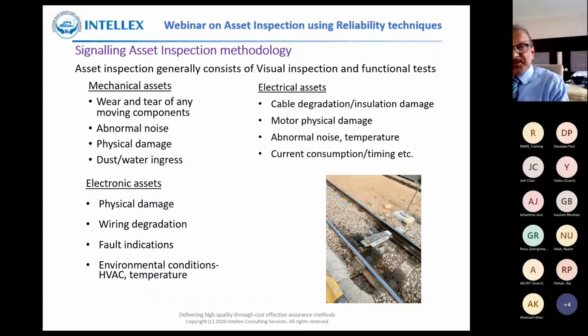That is the issue with the visual inspection. Though many of the physical damage and other things they can't hide, the abnormal noise and any kind of functional issues, they can mask for the time being with timely overhauling. So this is where we have the advantage of using the reliability techniques.